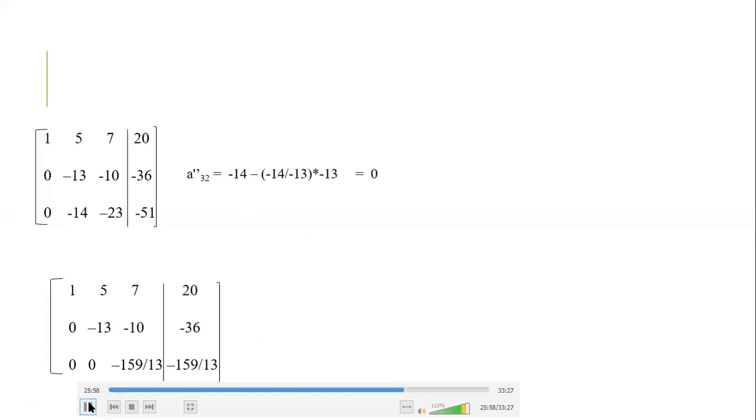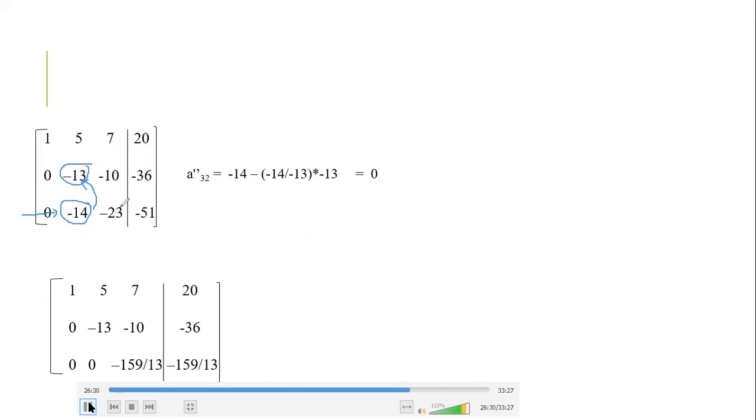Yeah, so we have negative 14 over what? Negative 13. So you pick the elements, minus the leading coefficient, negative 14 over the pivot, which is negative 13, times the value on top of negative 14, which is negative 13, which will give you 0.